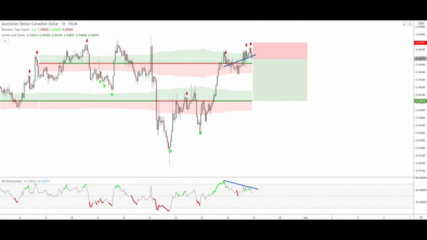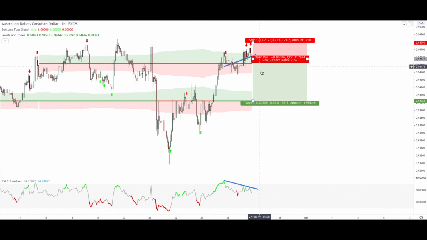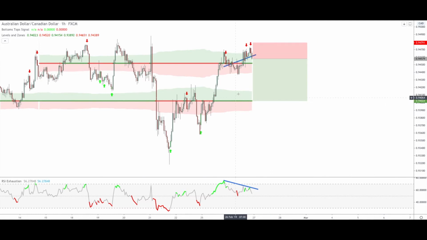And since the price likes to test this level multiple times, not once but multiple times, we should expect that if the price comes down as we are expecting, then it will definitely reach this target here. So it will definitely come all the way back down here.